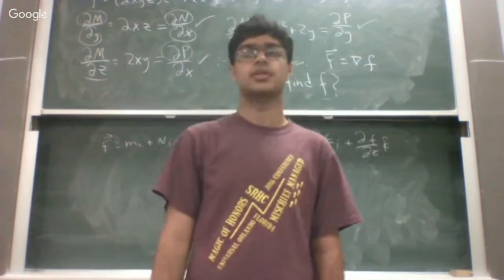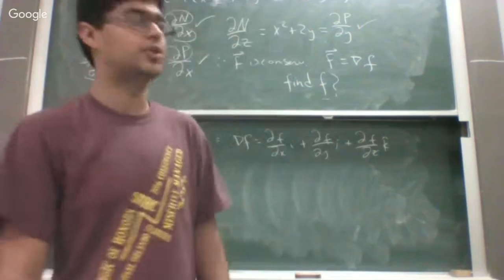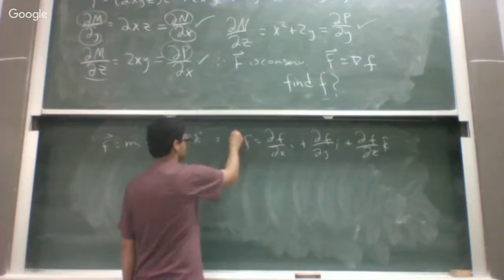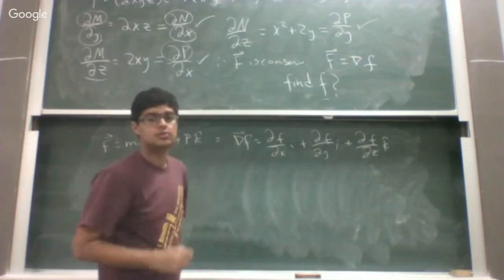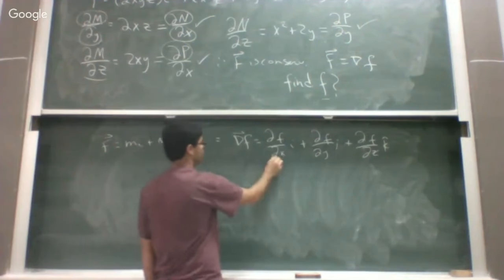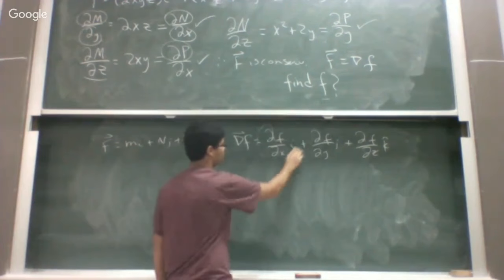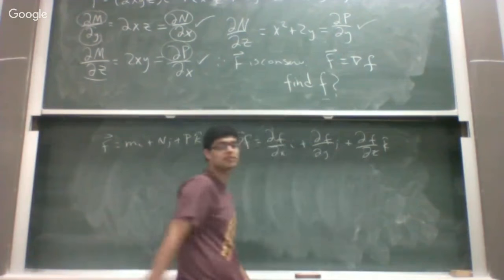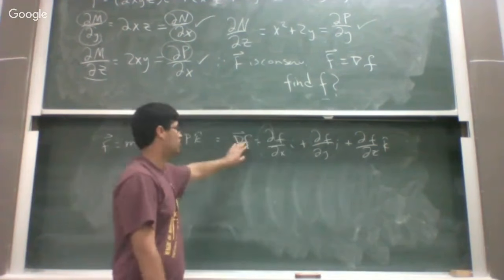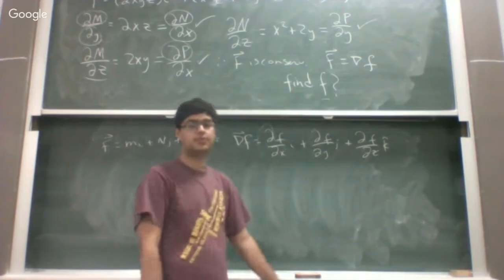So that's the gradient, okay? You should understand what this symbol means. This symbol is essentially the partial with respect to x, y, z with i, j, k, and since we're doing it with f, it's the partial of f.